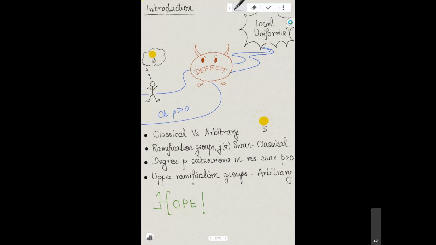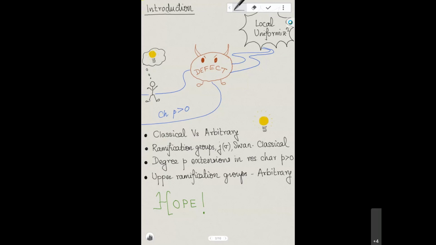So first I'll talk about what I mean by arbitrary valuation rings by comparing them with the classical setup. Then classical definitions of lower and upper filtrations of ramification groups, a couple other invariants here.